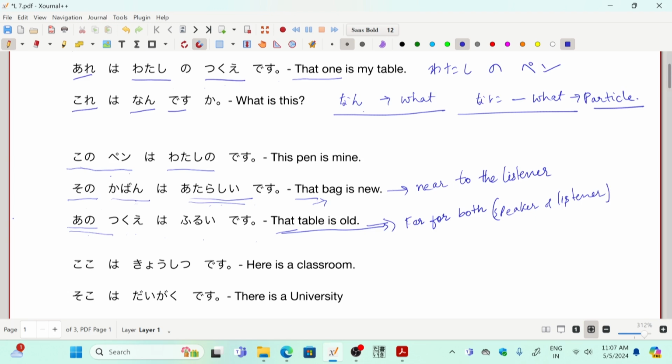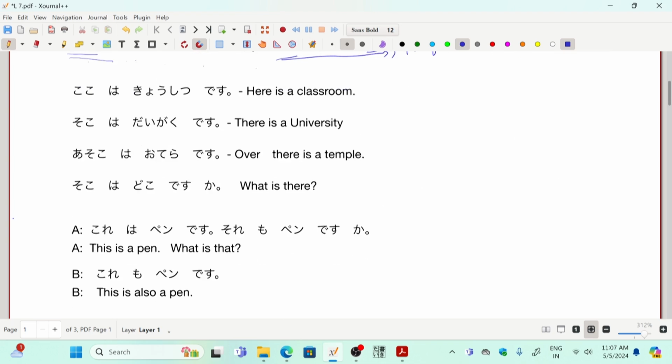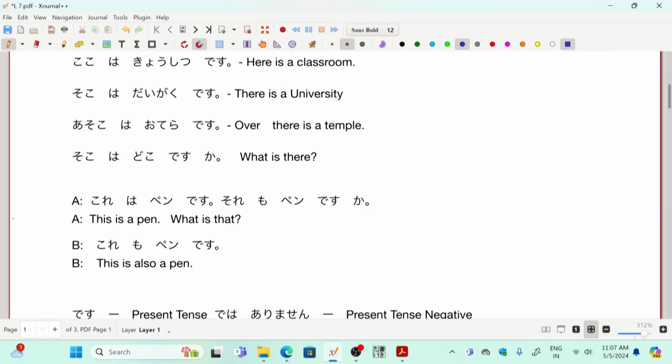Next is for the place. Koko, soko and asoko. Koko is here, soko is there, and asoko is over there. So koko is here, or you can also sometimes say this place. Okay.